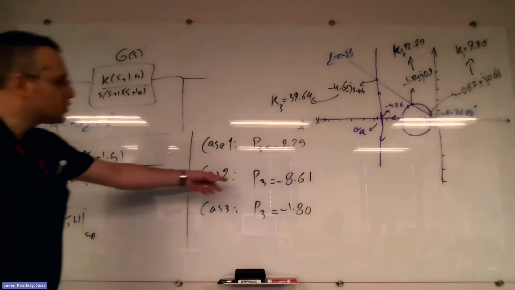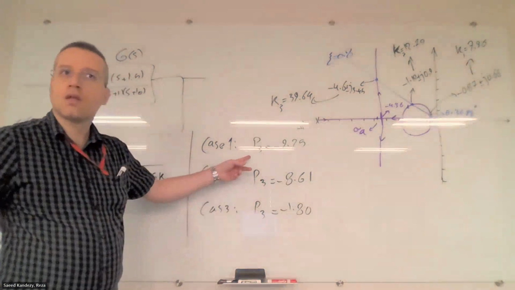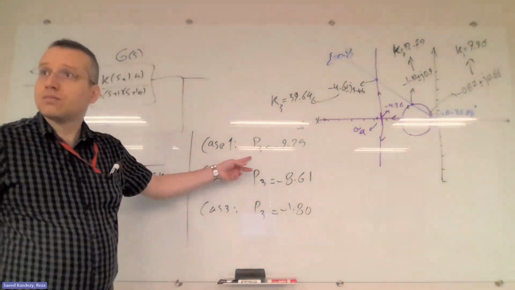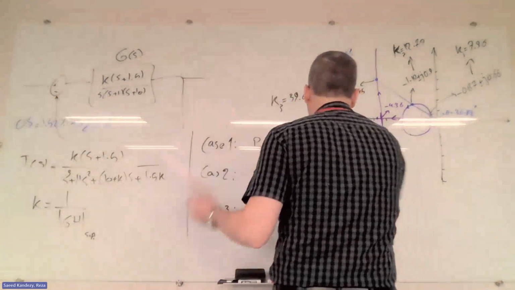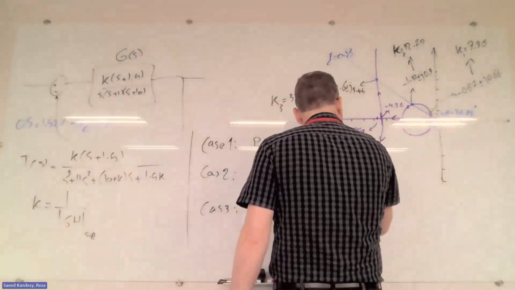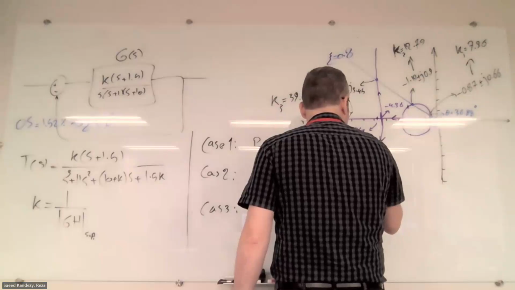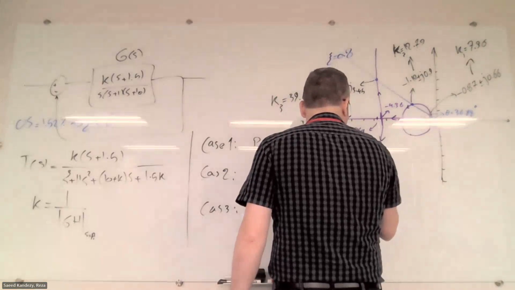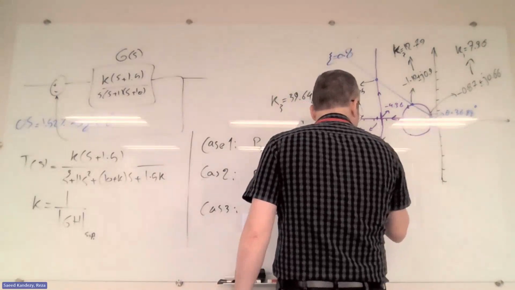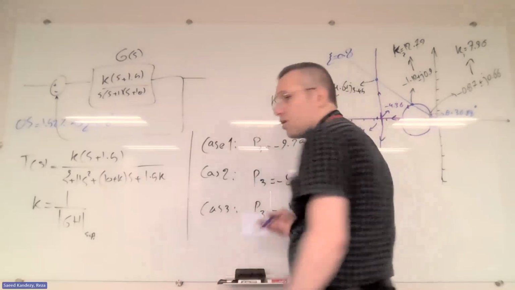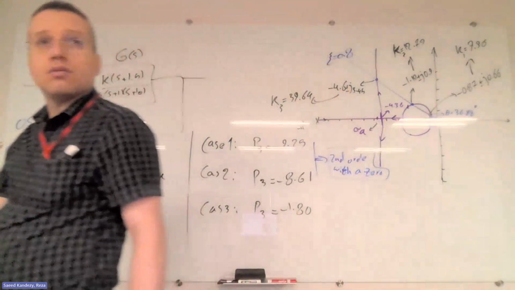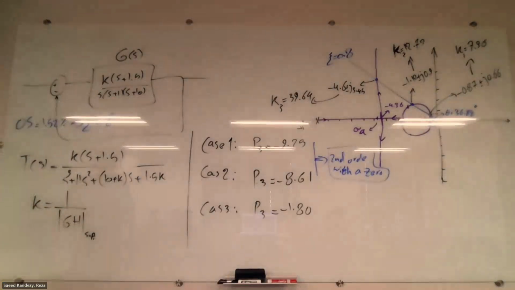Now, between the two, which one is better? The first one. But we still end up with a second order system with a zero. That zero also affects our time response. You know that.